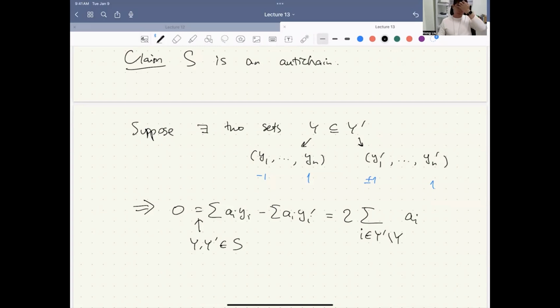But we assumed by symmetry that ai are positive, and we assume this is a proper subset, so this is non-empty. That implies this is positive, a contradiction, finishing the proof.